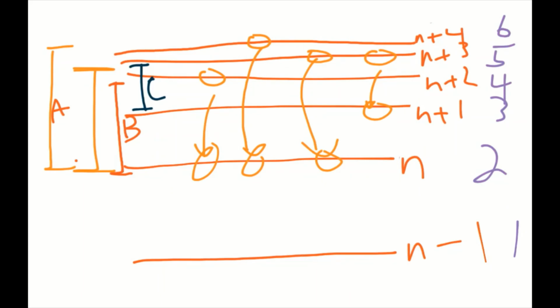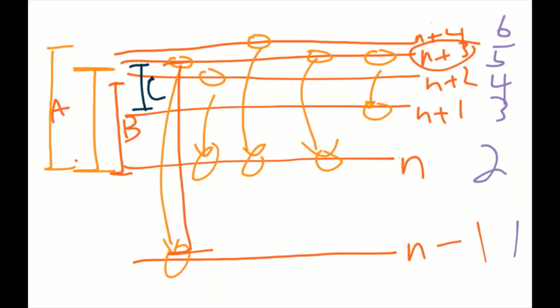So it's saying that the initial state stays the same, but the final state is n minus 1. So the initial state is there, and the final state is there. The amount of energy in the photon that got released is equal to the energy here minus the energy here, and that would be the height difference between these two. And this would be the amount of energy in the photon if it went from n plus 3 to n minus 1. So this would be D.